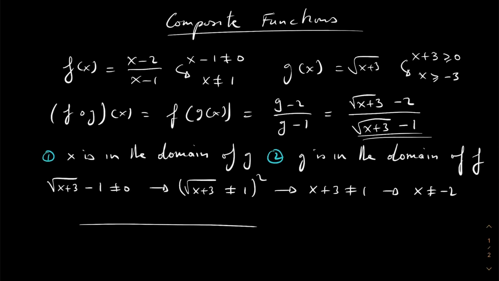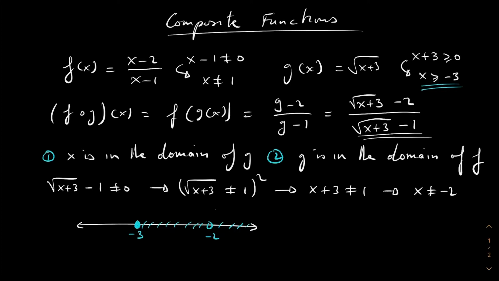And so with that, we can draw a new number line here, and we have to put our endpoints here. We're going to have to put negative 3 and negative 2. Since the first thing that we want is to have x in the domain of g, we're going to have to shade the right side of this number line starting from negative 3. And we're also going to have to close negative 3 here because of the equal sign in the inequality. So x bigger than or equal to negative 3.